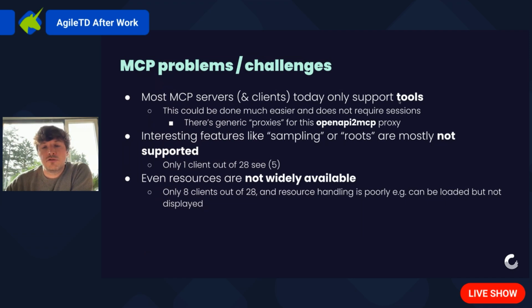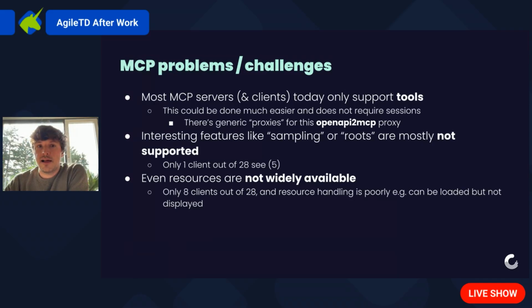It's usually a wrapper around the existing tools. And we only saw 1 out of 28 companies use sampling or roots in a small sample size, and 8 out of 28 companies use the resources. So there's a lot of hidden potential.